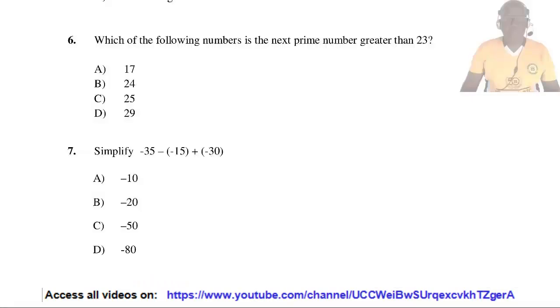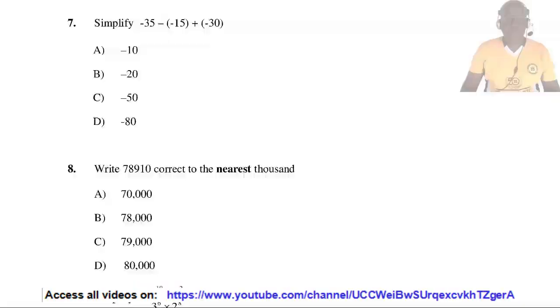Question 6. Which of the following numbers is the next prime number greater than 23? A prime number is a number divisible by only itself and 1. So the answer is D. Question 7. Simplify -35 - (-15) + (-30). That is -35 - (-15) + (-30).